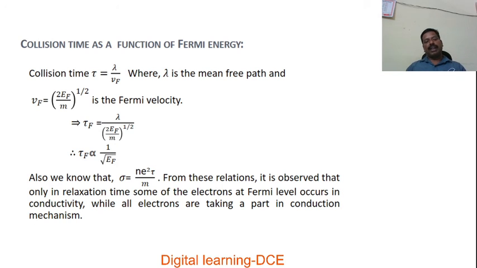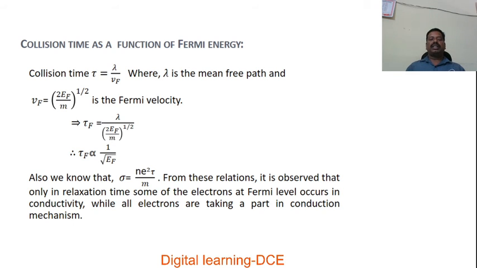If lambda is constant and m is constant, for the given metal, then tau f is inversely proportional to the square root of Fermi energy. This is the relation between collision time and Fermi energy. Collision time is a function of Fermi energy.